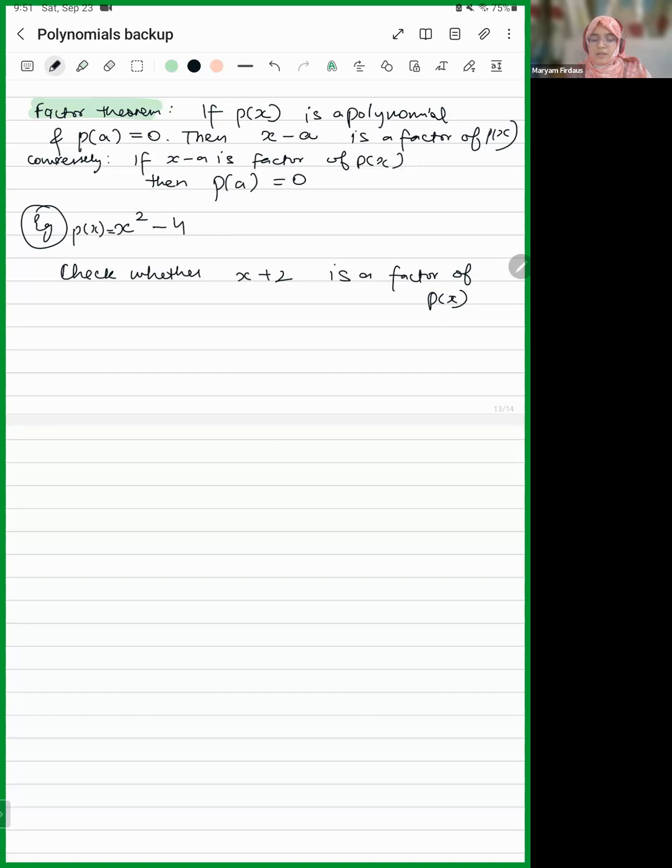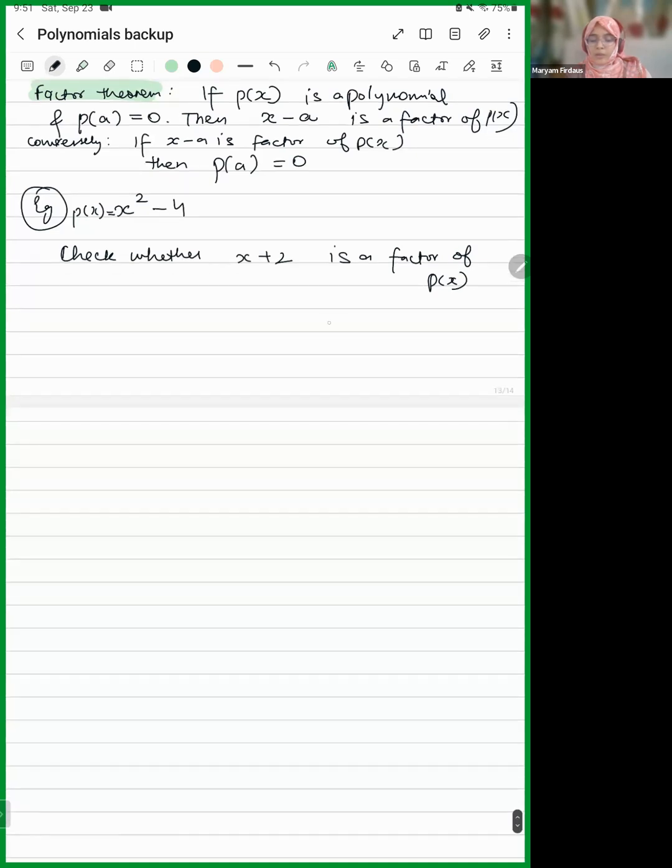In this case, x will be minus 2, and x square will be 4, so 4 minus 4, which is 0.